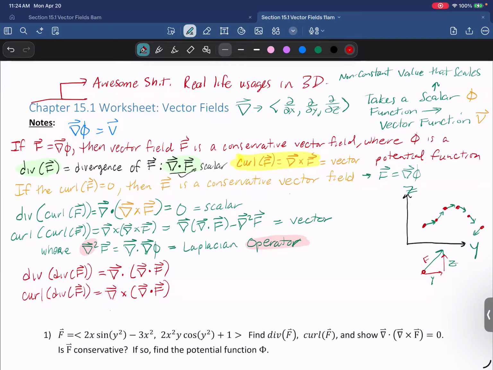Now, this is a vector, and this is a scalar.